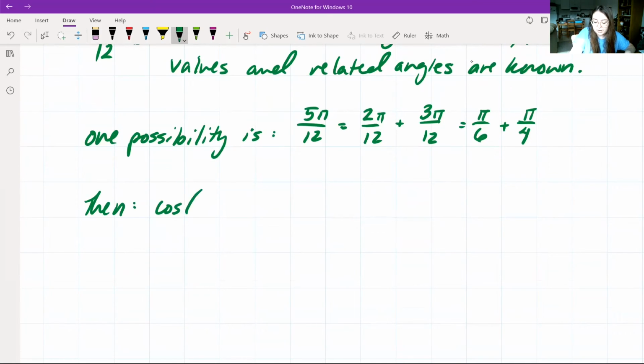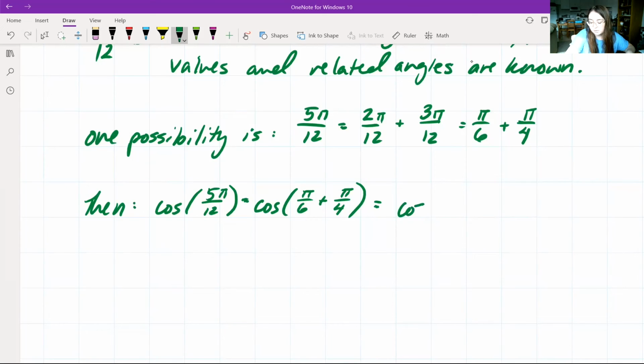Then we get that cosine of 5 pi over 12 is equal to cosine of pi over 6 plus pi over 4, which, using in this case our sum formula, is going to simplify to cosine of pi over 6 times cosine of pi over 4 minus sine of pi over 6 times sine of pi over 4.